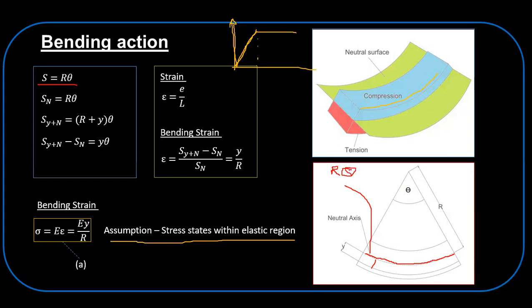The length to the selected fiber, at additional distance y, is given by the arc length r plus y into theta. So now the radius is r plus y.